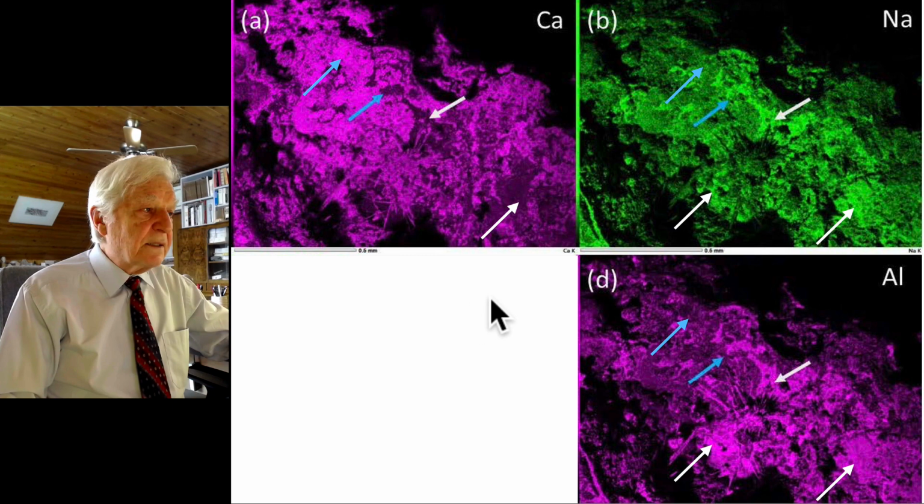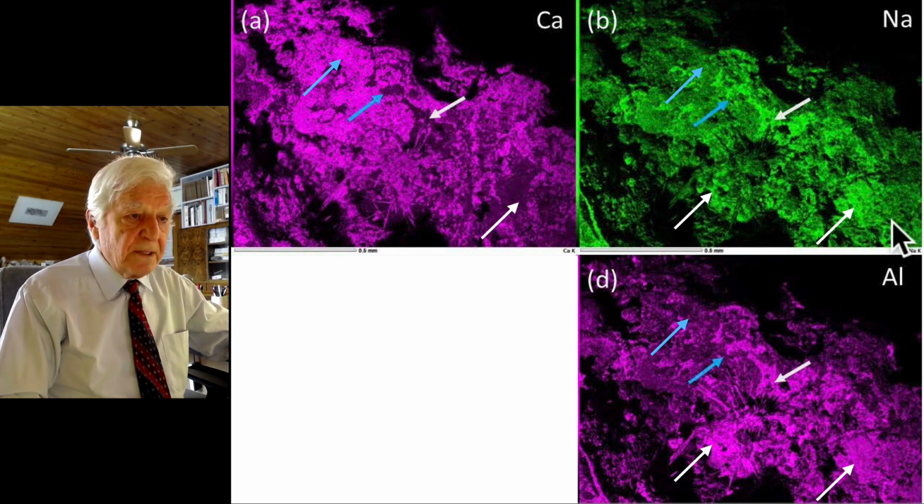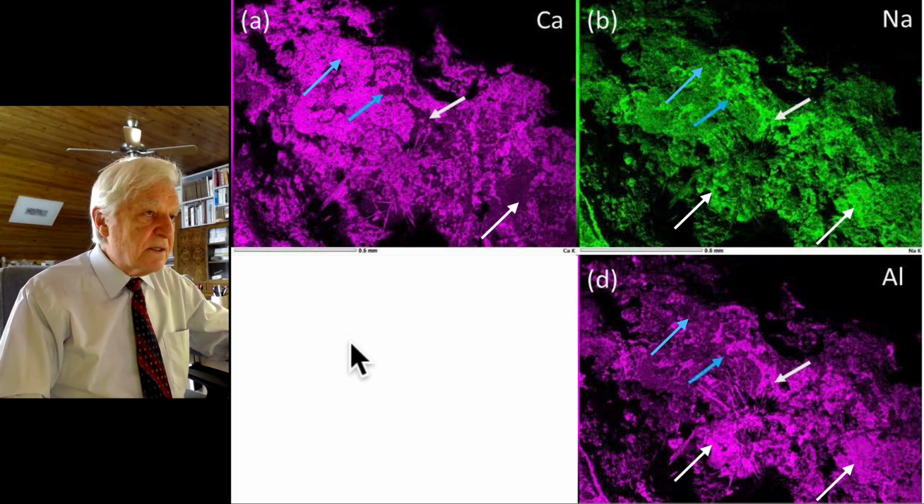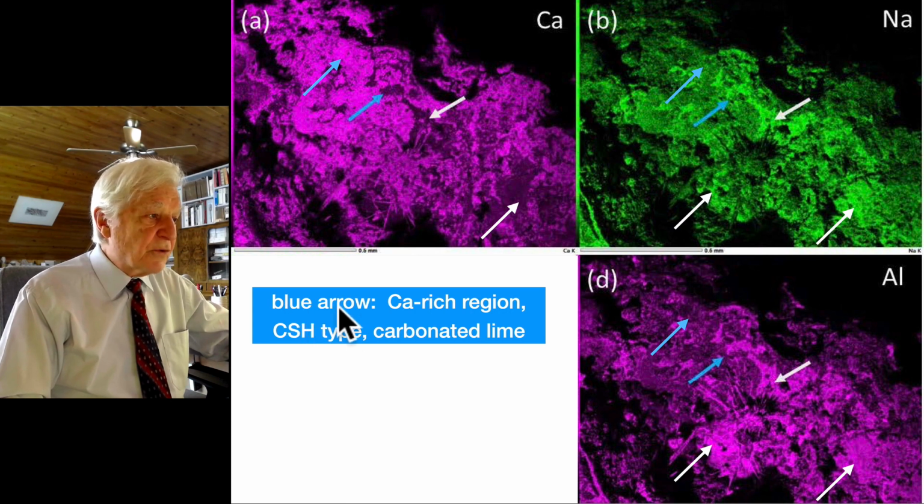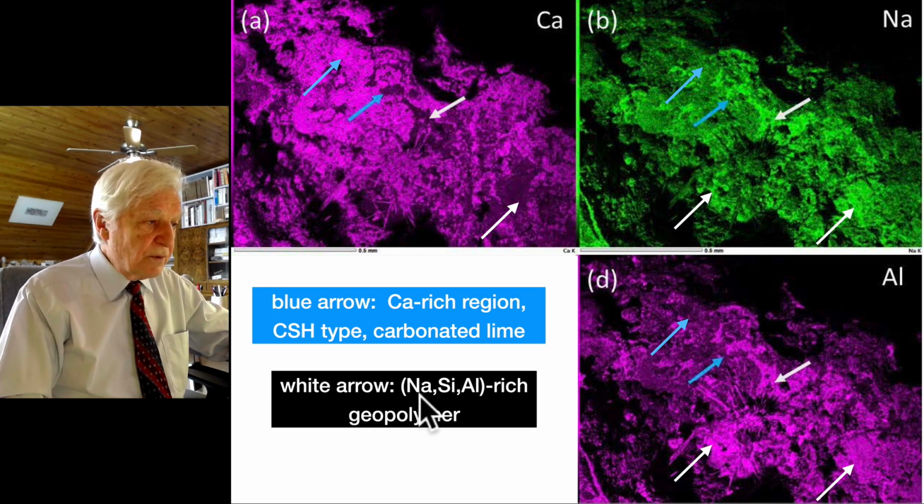So if we look at the X-ray maps of the distributions of calcium, sodium, and aluminum, this is what we get. The blue arrow shows the calcium-rich region, for example, CSH type or carbonated lime, like here. Blue, this is calcium-rich, whereas the white arrow shows NaSiAl-rich geopolymer.